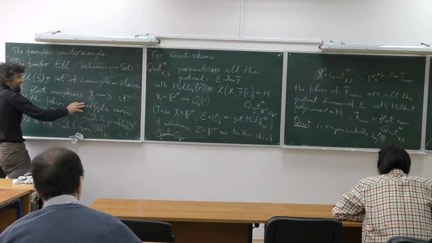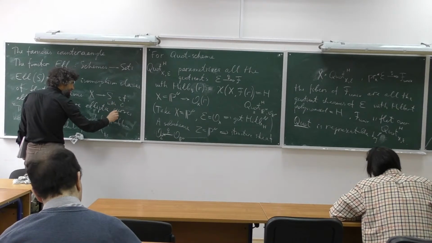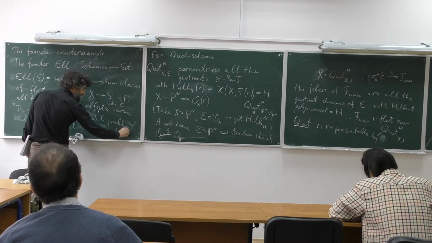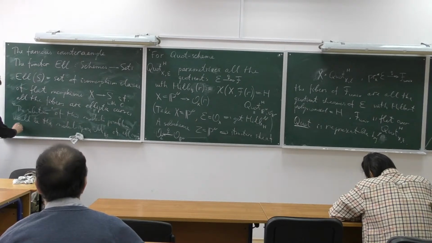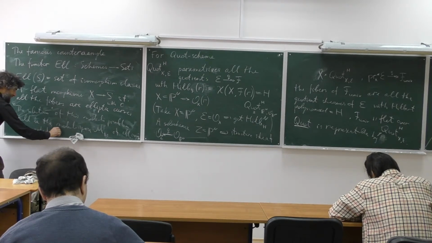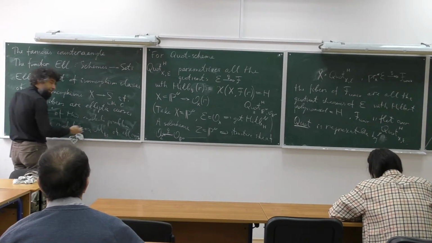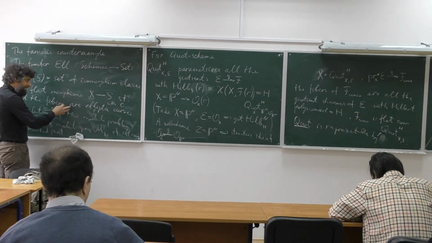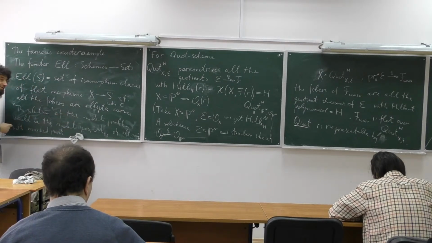Maybe I need the curves with a marked point, the zero of the group law, of elliptic curves. Well, it is known that such a thing does not exist as a scheme. It is a Deligne-Mumford stack. So the problem is that some elliptic curves admit more automorphisms than others.